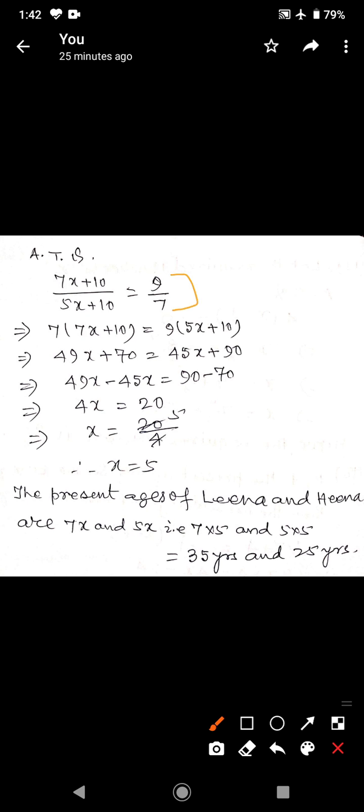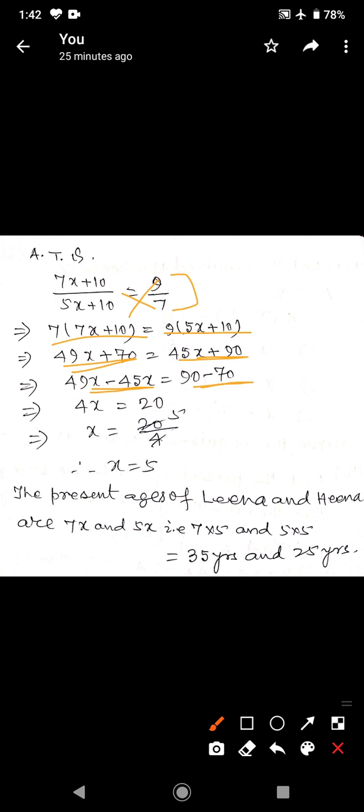By cross multiplication, it can be written as 7 times (7x plus 10) equal to 9 times (5x plus 10). Or 7 7s are 49x plus 7 10s are 70 equal to 9 5s are 45x plus 9 10s are 90.